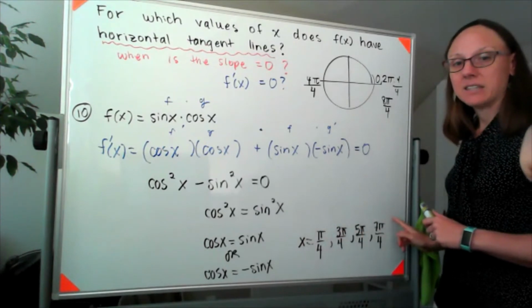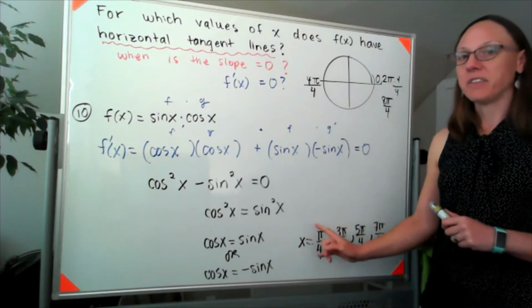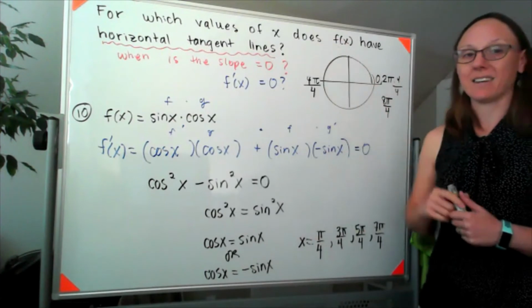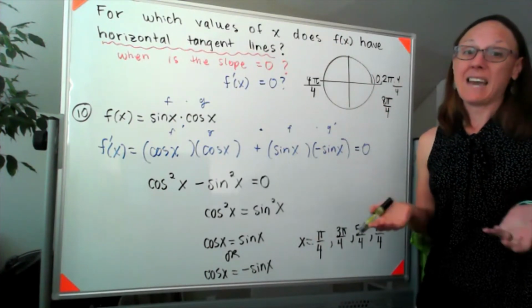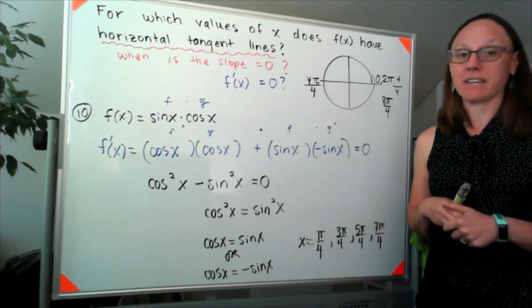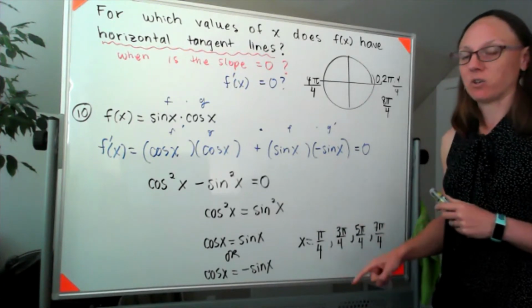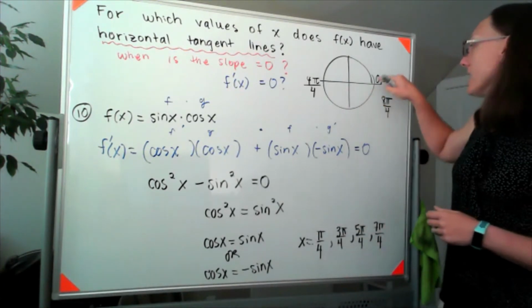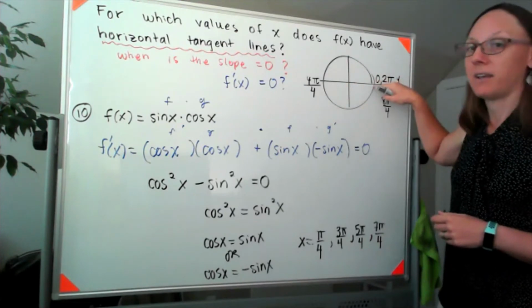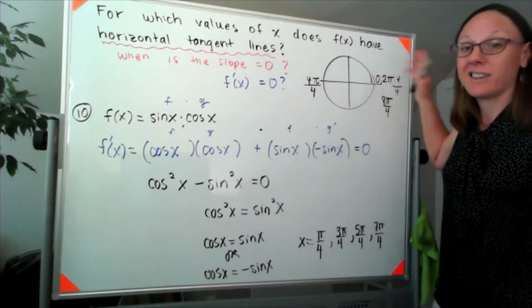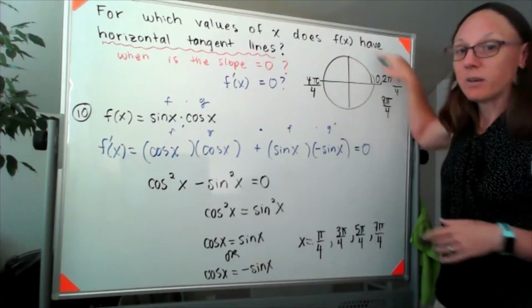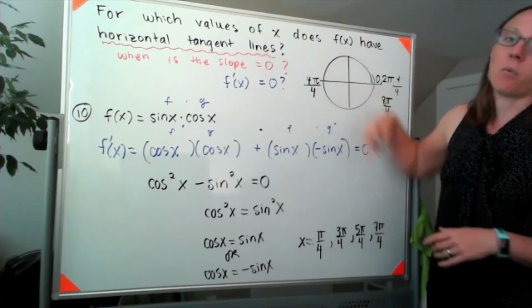Technically, this is not all of the answers to the question as it is written, because I asked for which values of x does f of x have horizontal tangent lines. These are only the values of x that exist between 0 and 2 pi. But sine and cosine, they keep going on forever. So I keep spinning around the circle as many times as I want.